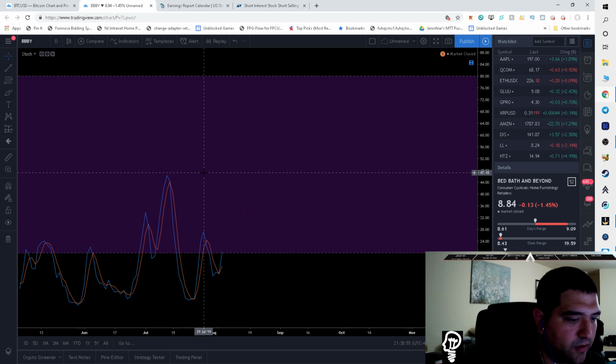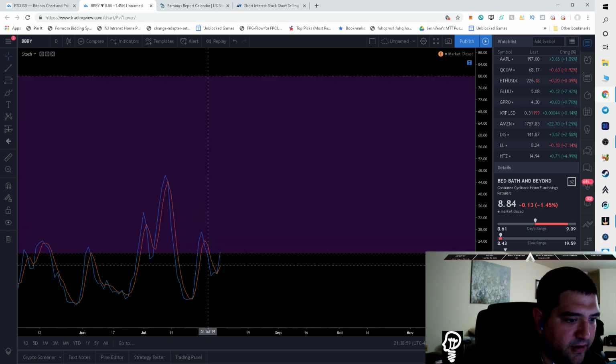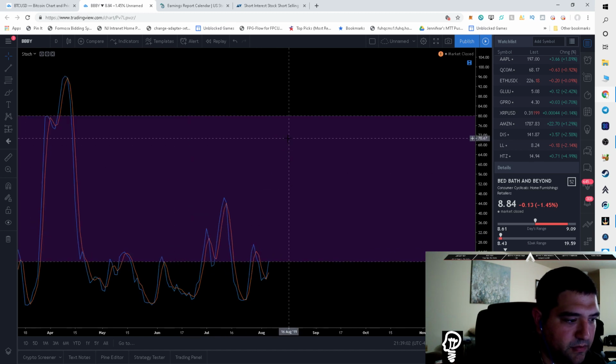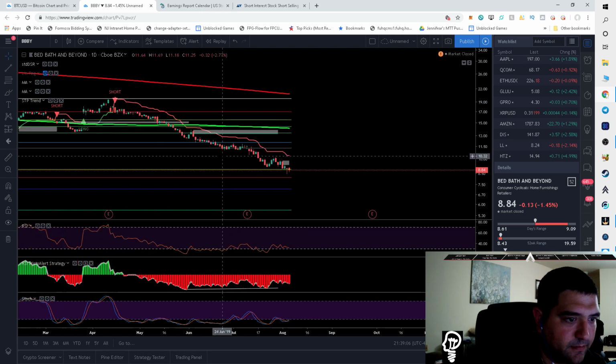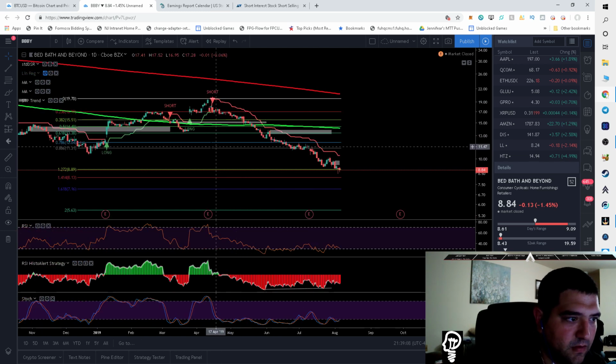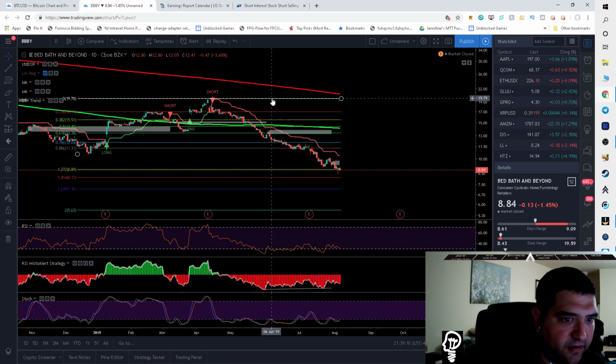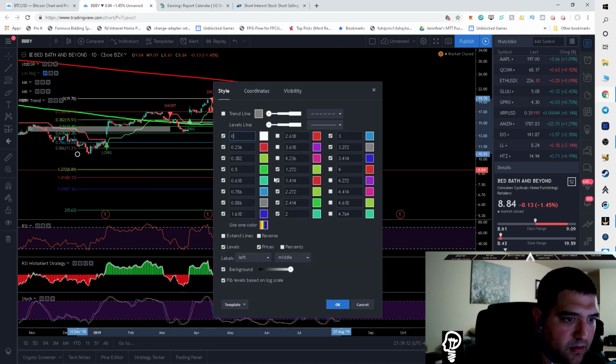Yeah, it is right at support. We do have our daily oscillators pointing up. Obviously, this would be more of a bounce play. I don't know if I'd take this trade, honestly. That's just me personally, speaking.